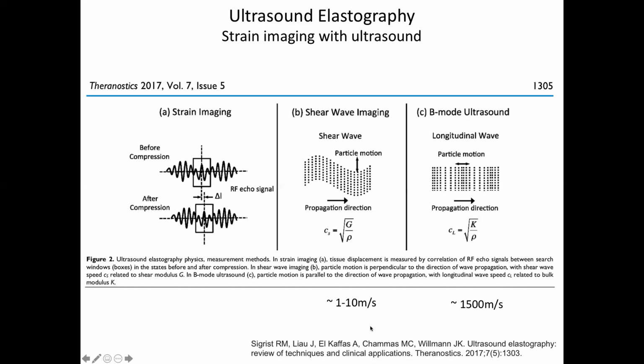And those waves actually travel slowly, 1 to 10 meters per second for a shear wave in tissue, say liver or something like that. Whereas we know longitudinal waves, we did some problems on this, are up in the 1500 meters per second, when I compress and see how fast that compression races through the sample.